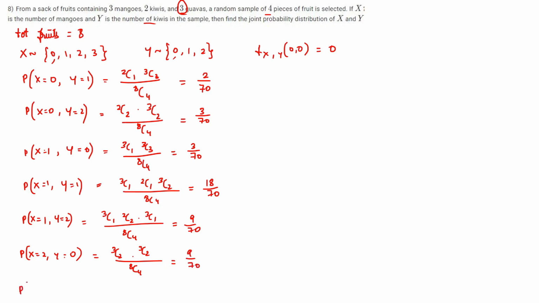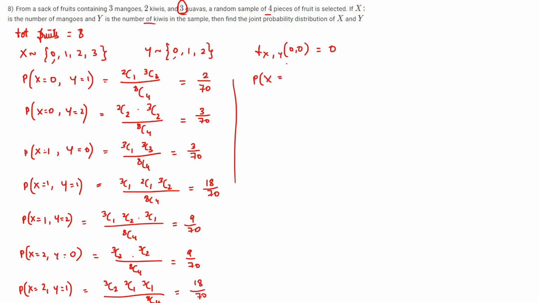So P of X equal to 2 and Y equal to 1 is nothing but, we are picking 2 mangoes and 1 kiwi and 1 guava, divided by 8C4, which is nothing but 18 by 70.